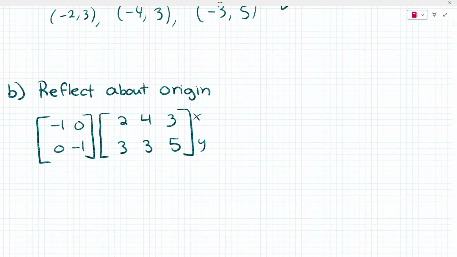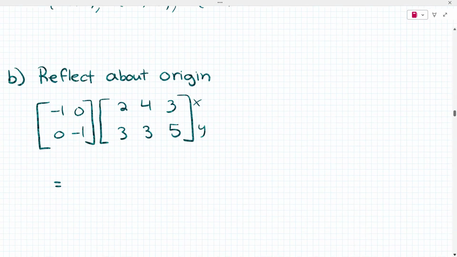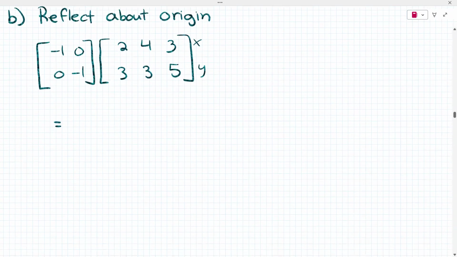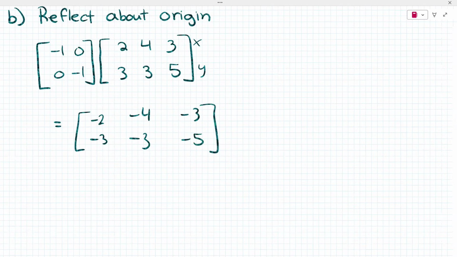When you multiply that out, you get -2, -3, -4, -3, -3, -5. Expressed as coordinates, that is (-2, -3), (-4, -3), (-3, -5).